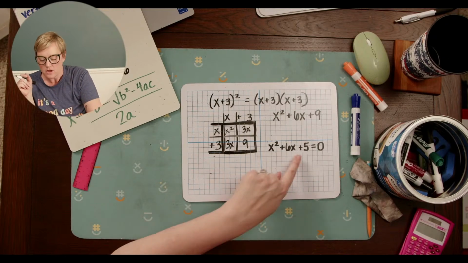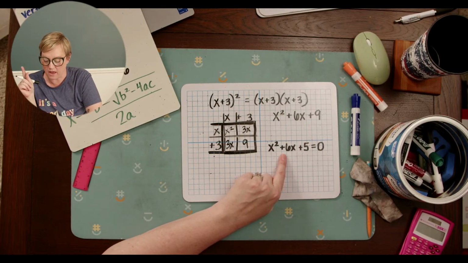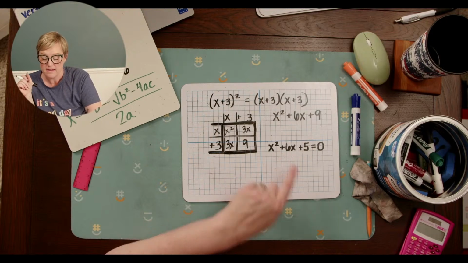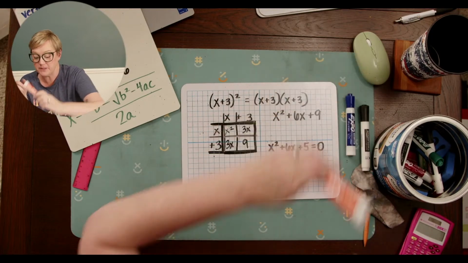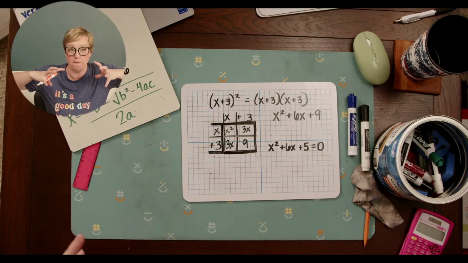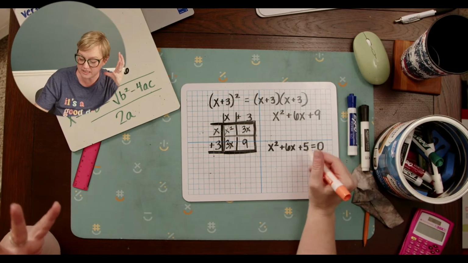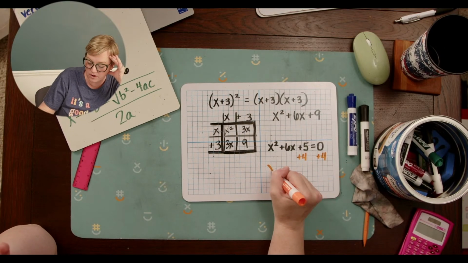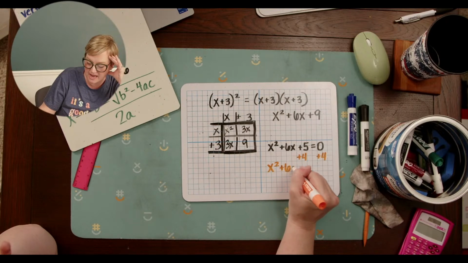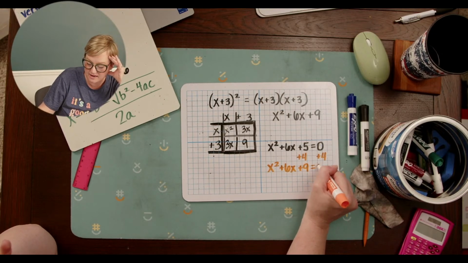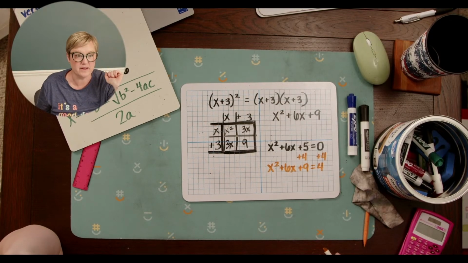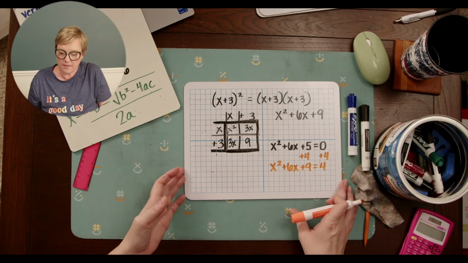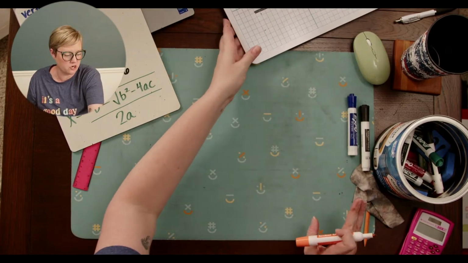But also, you could say, I know x squared plus 6x plus 9 is a perfect square. So by completing the square, I can literally force it to be a square by just adding 4 to both sides. If I add 4, now I have x squared plus 6x plus 9 equals 4. It is a perfect square. That is what it means by completing the square. Yeah, this one you could factor, but it was just showing how to complete the square.